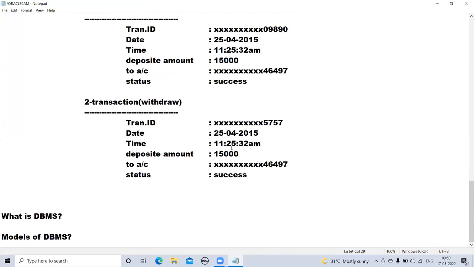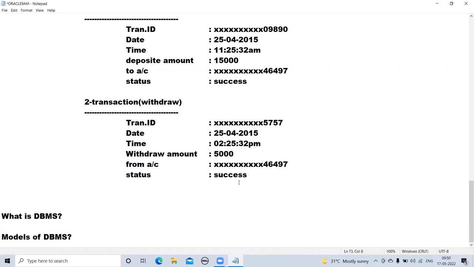On the same day, but the time was 2 PM. This is the withdraw amount, 5,000. From which account was it taken?